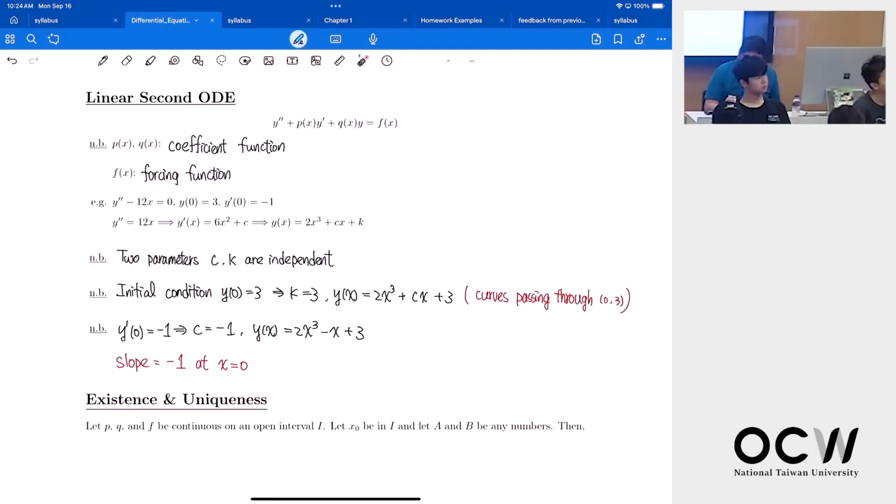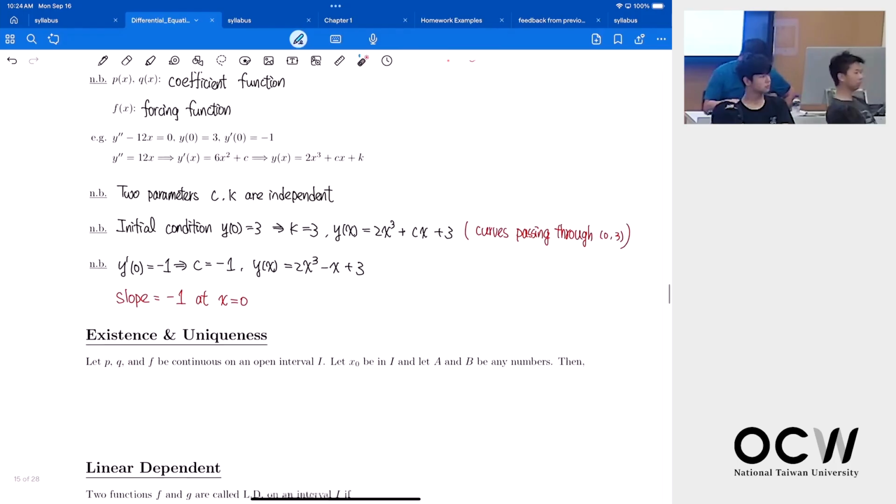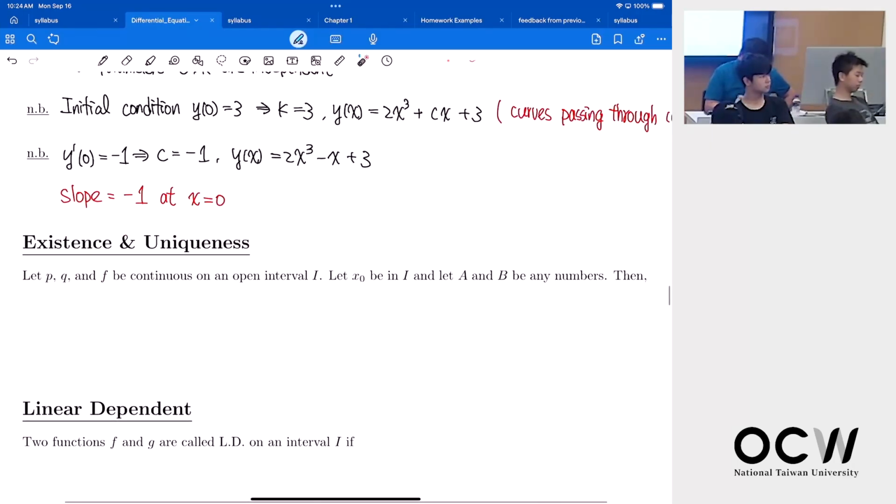Then you may ask, how do I know that the solution I found is unique? And how do I know that I have a solution for this ordinary differential equation? So here is the existence and uniqueness.